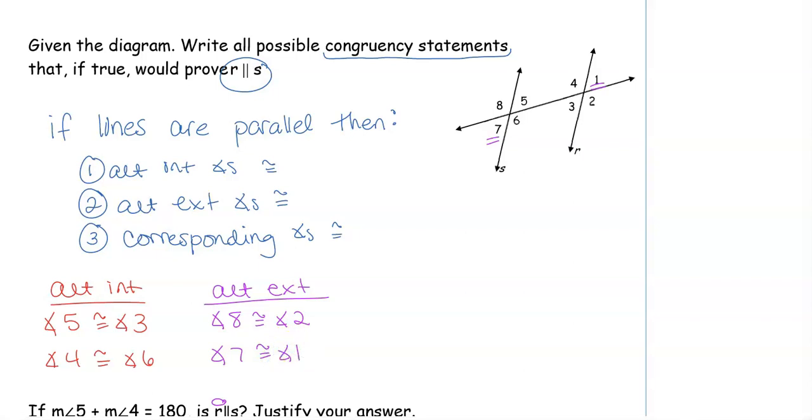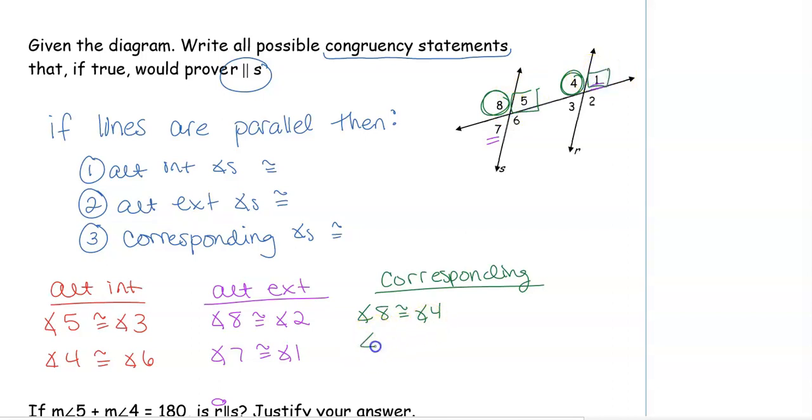And last, we could show that the corresponding angles are congruent. And we've always got a lot more corresponding angles. So corresponding, remember, are angles that are in the same position. So angle 8 and angle 4, those are corresponding angles. Angle 5 and angle 1.